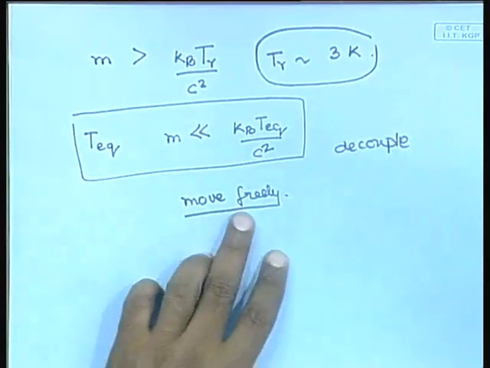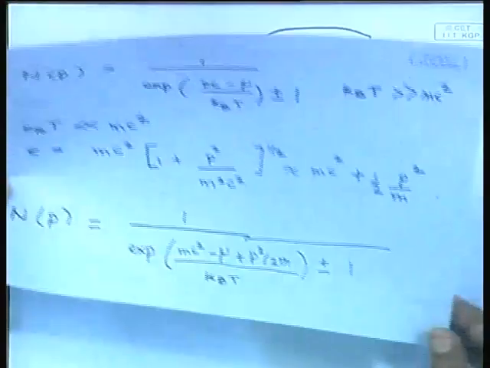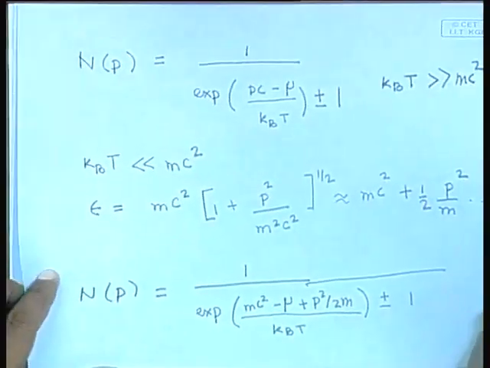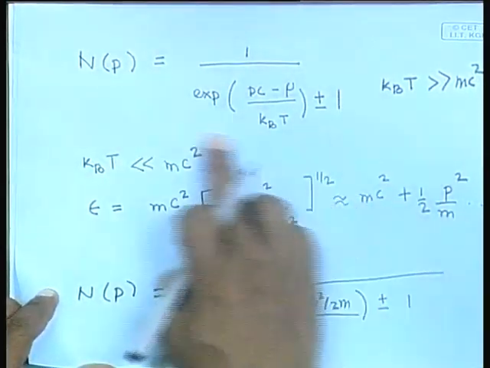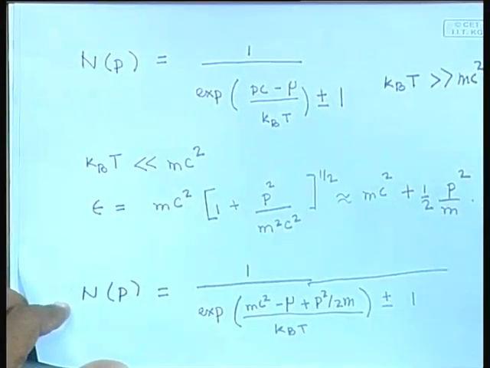So, when they decouple from the rest of the universe, the neutrinos have a distribution of occupation numbers which is given by this with a plus sign, they are fermions.